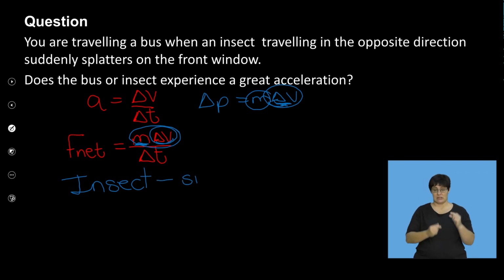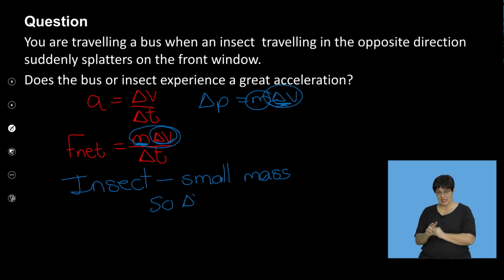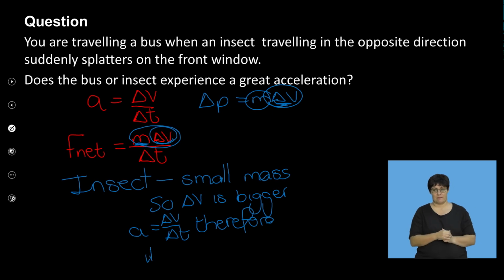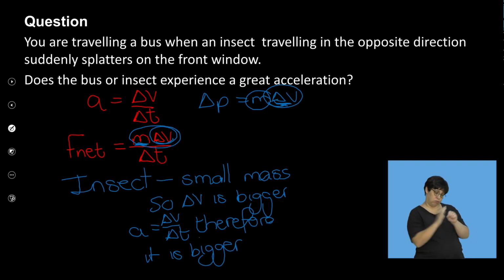It has a small mass, so change in v is bigger, and acceleration is change in v over change in t, therefore it is bigger. And in fact, the reason why the insect splatters is because of its big acceleration.